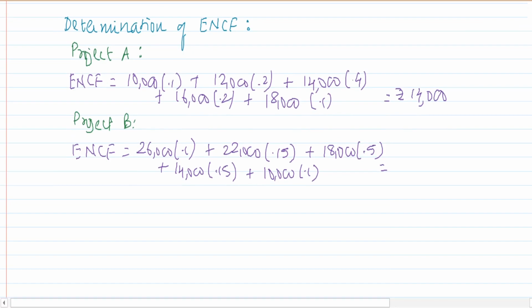Yes, next we do 26,000 into 0.1 M plus, 22,000 into 0.15 M plus, 18,000 into 0.5 M plus, 14,000 into 0.15 M plus, 10,000 into 0.1 M plus. So that I am getting as 18,000. Okay, 18,000. Great.